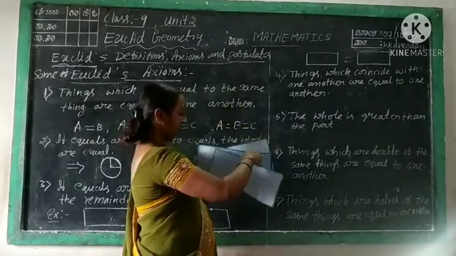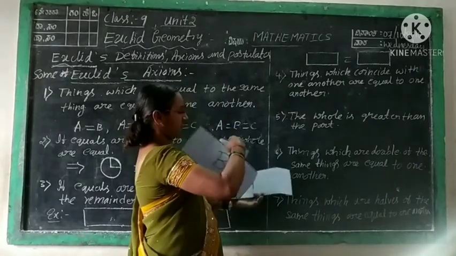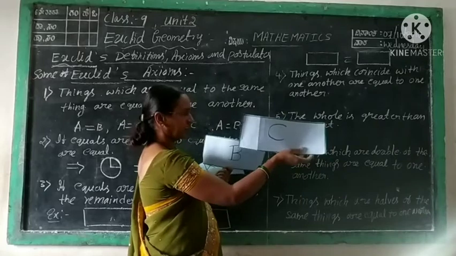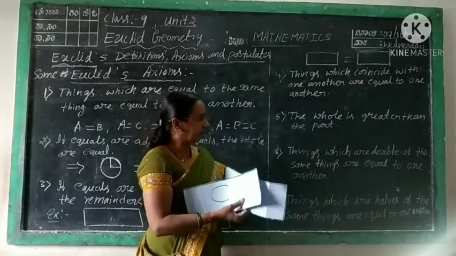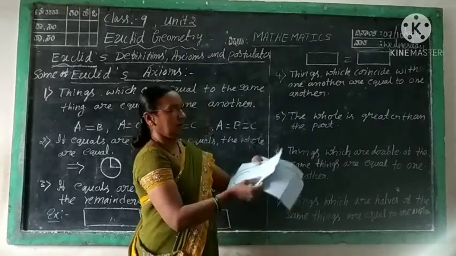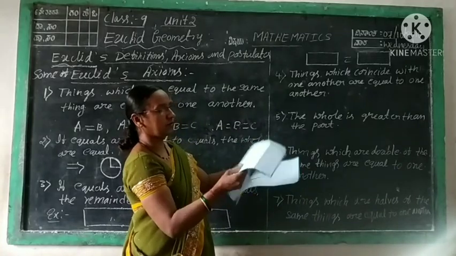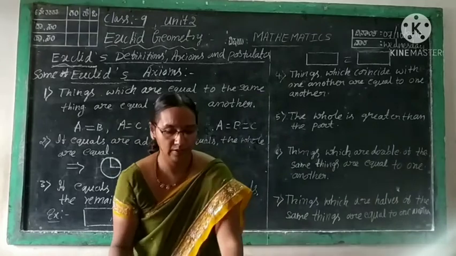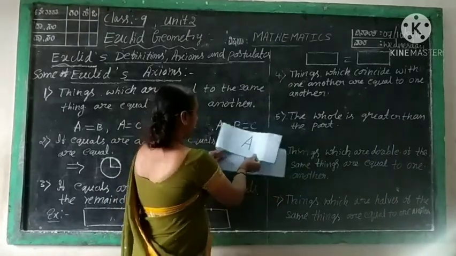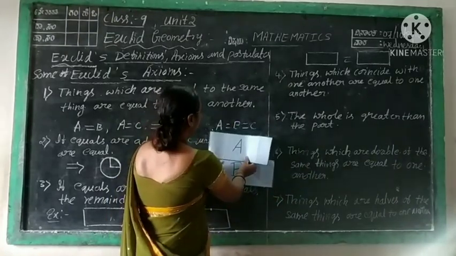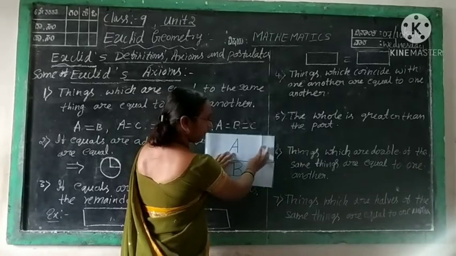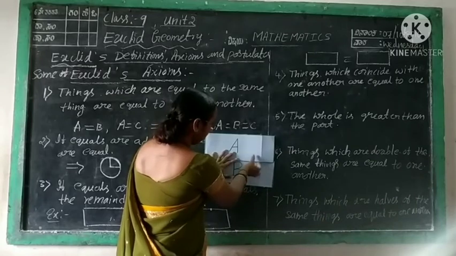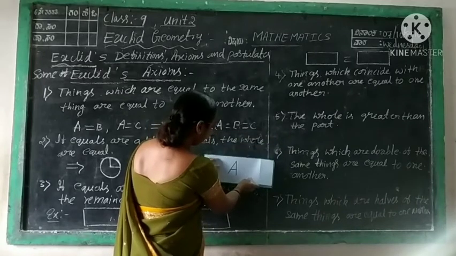One is A, another one is B, another one is C. Those have equal length and breadth. We combine A and B, which are double of the same things.